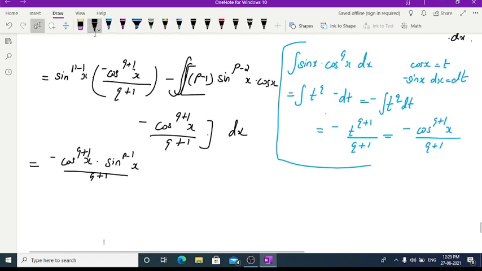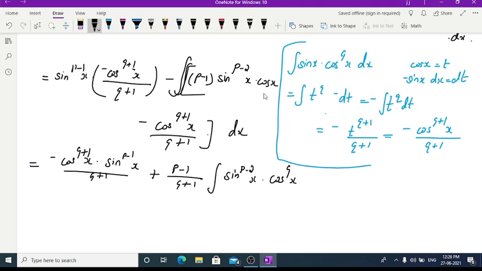Minus of this minus is plus (p-1) divided by (q+1) into the integral, taking this constant outside, of sin^(p-2) x into cos x and cos^(q+1) x. Using a^m into a^n equals a^(m+n), cos x into cos^(q+1) x is equal to cos^(q+2) x.